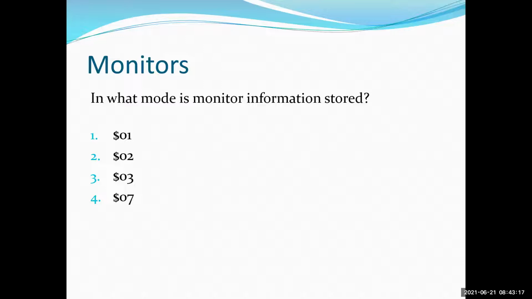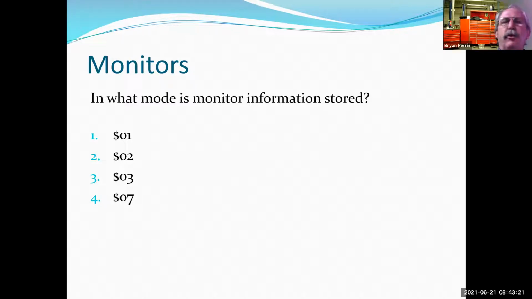Okay. So it would be mode 1, which is my current data. So if I want to know the current status of my monitors, I would need to go to current data, which is mode 01.